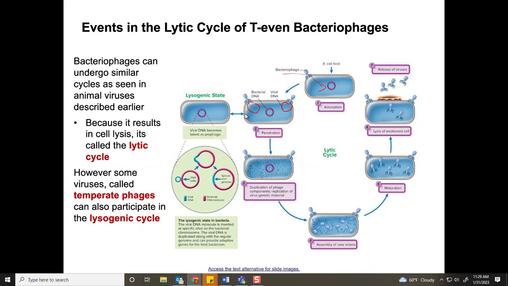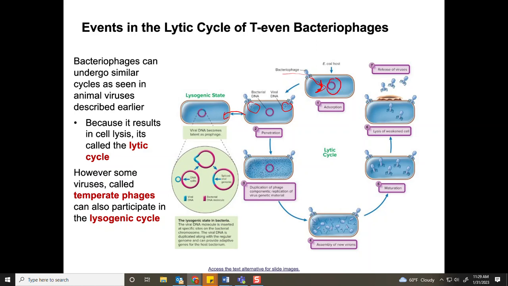If it goes into the lysogenic state, then that viral DNA will infiltrate the bacterial cell's genome. So what we're seeing here, backing up, we have our bacteriophage. It's injecting its, I keep on saying bacterial, viral DNA into the cell. It hasn't done so yet. It's about to.